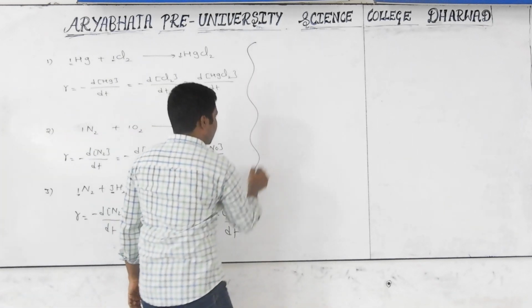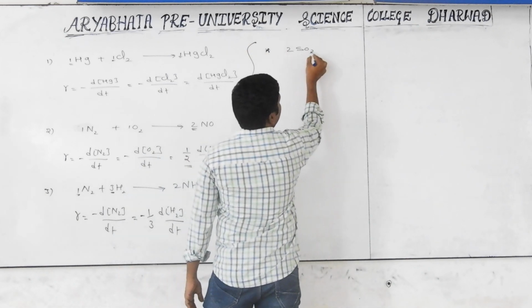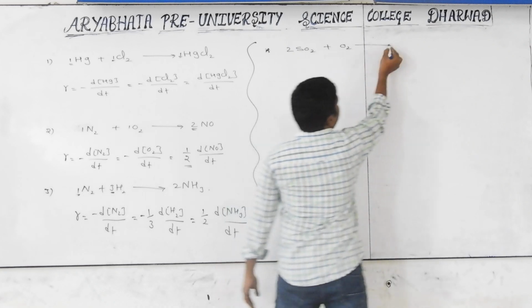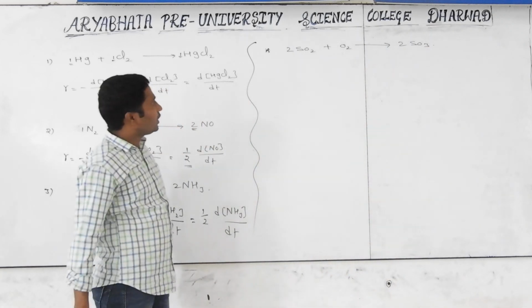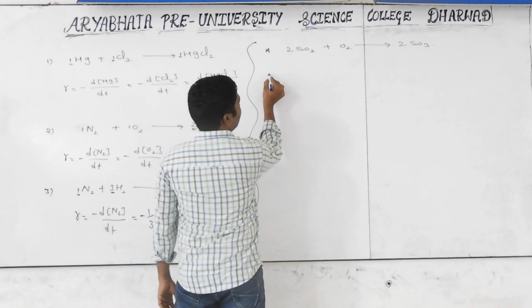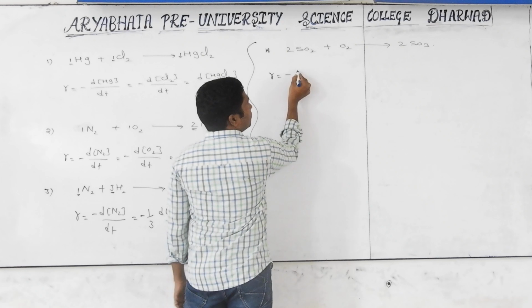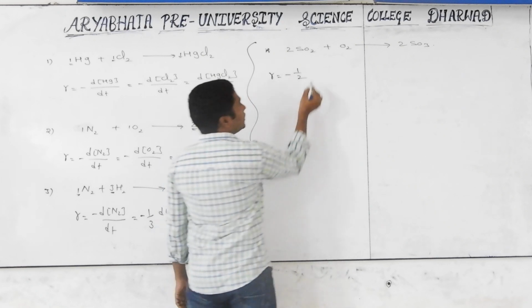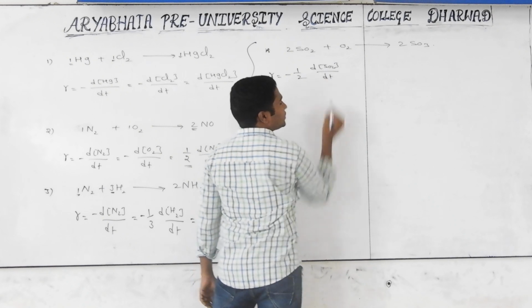For example, I will give you one more question for understanding. 2SO2 plus O2 gives rise to 2SO3. How will you write the rate of reaction for this? R is equal to minus, 2 will come like 1 by 2 into change in concentration of SO2 by time change.